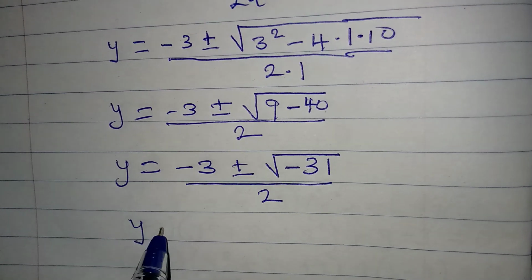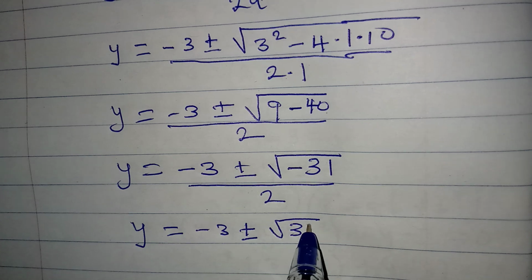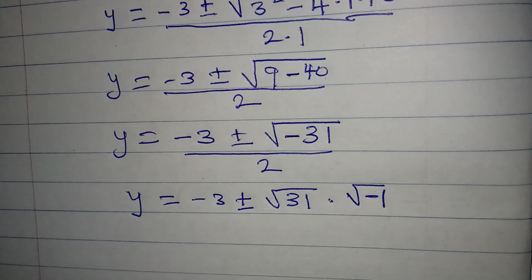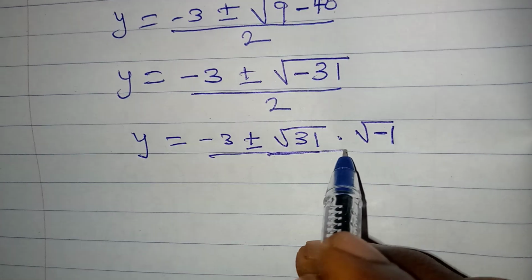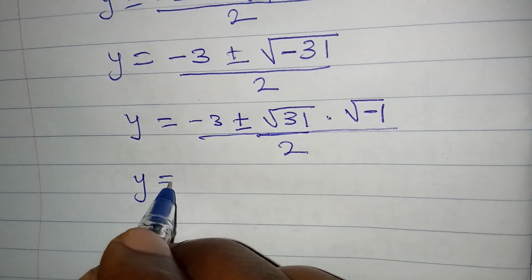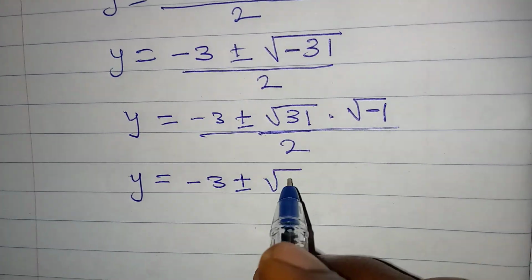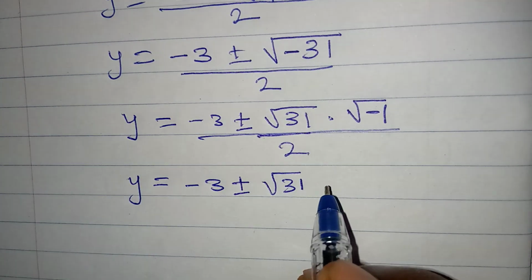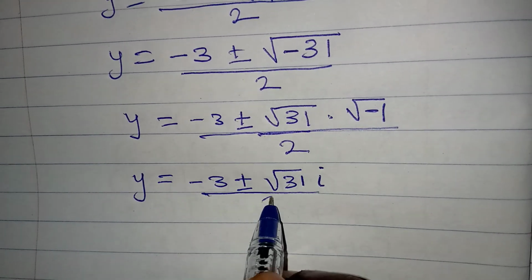So y from here becomes minus 3, positive or negative, square root of 31 multiplied by square root of negative 1. What I did there is to point out the negative over there, and then the whole of this will be divided by 2. And now if we continue with this, we have y equal to minus 3, positive or negative, square root of 31, and then the square root of negative 1 will give us an imaginary number i, and this will now be over 2.